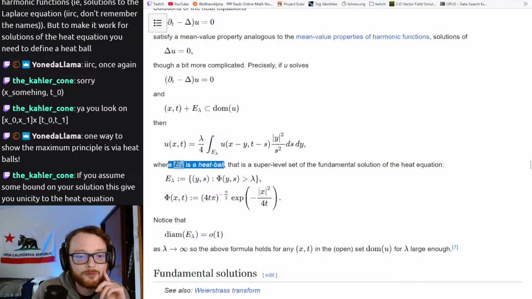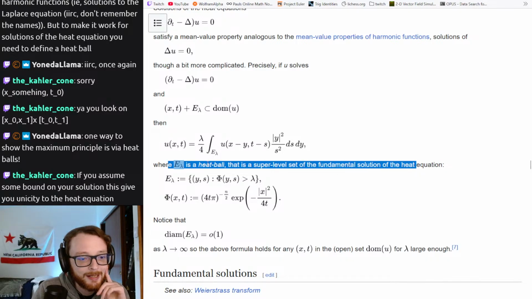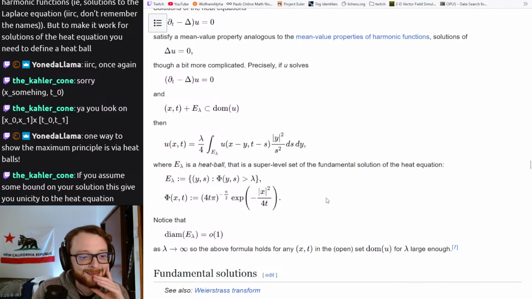We got heat balls. A superlevel set of the fundamental solution of the... Oh God. Yeah, I don't know what this means. Diameter of the heat ball is little o of 1. It sure is, as lambda goes to infinity. No clue.